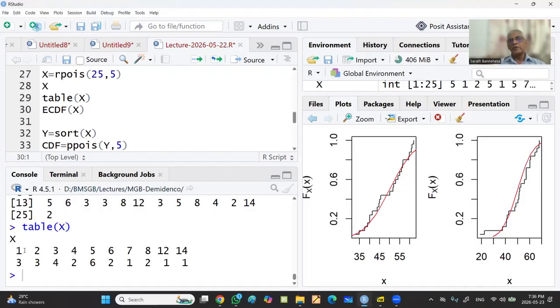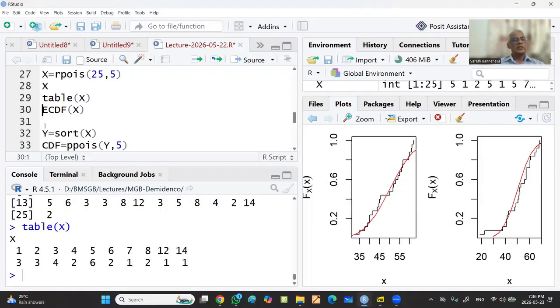So when you look at the graph, you will see a vertical line, right? The last point is x equal to 1, y equal to 3 over 25. And then it will go along until the next value, which is 2. There are three values of 2, so again the function will go vertically and then horizontally.